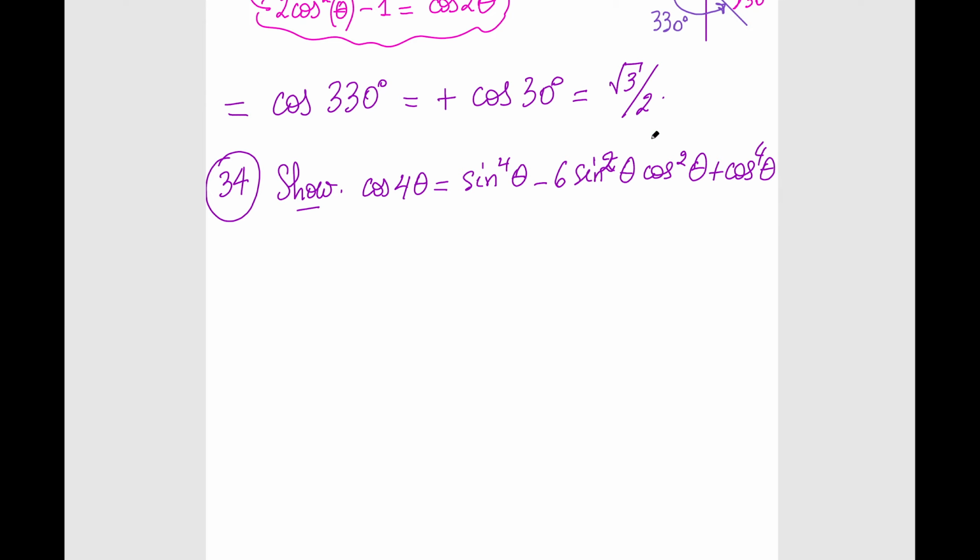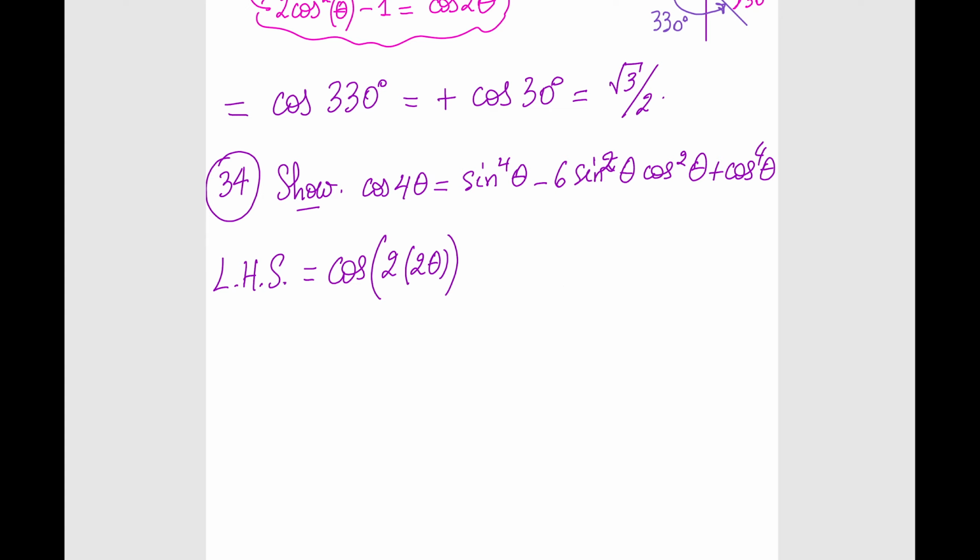Okay. All right, I'm going to start from the left-hand side, which is cosine of 4 theta, and I'm going to see it as cosine of twice 2 theta, correct? 2 times 2 times theta is still 4 theta, so I'm still talking about the same entity.